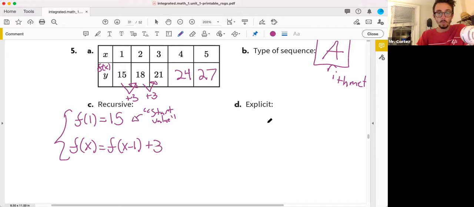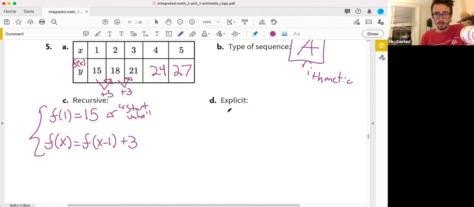Explicit, we're starting somewhere. We're starting with 15, and we keep adding 3 x minus 1 times. Because x is our variable here, x is our input as seen here, and this all equals f of x.